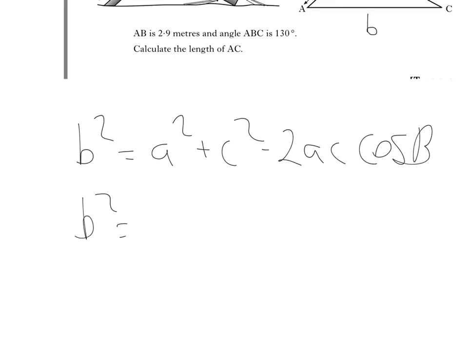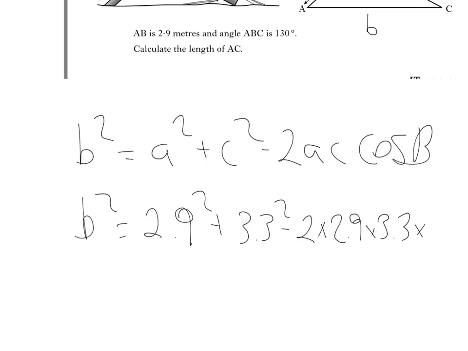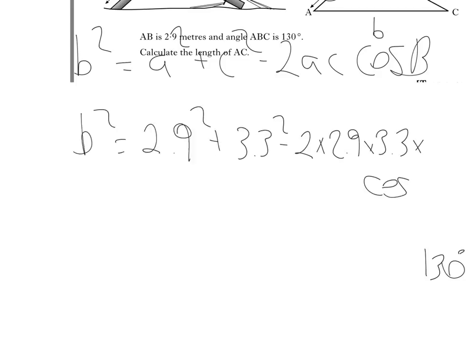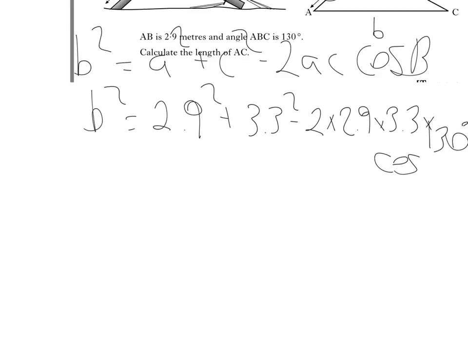So it's going to be b squared is equal to 2.9 squared plus 3.3 squared minus 2 times 2.9 times 3.3 times cos of the angle, which was 130 degrees. So I'm now just going to enter that into the calculator.